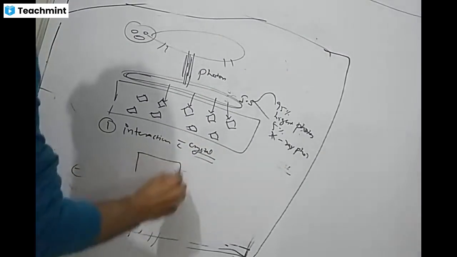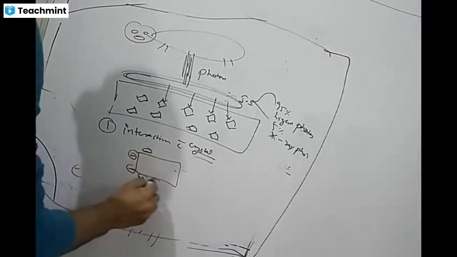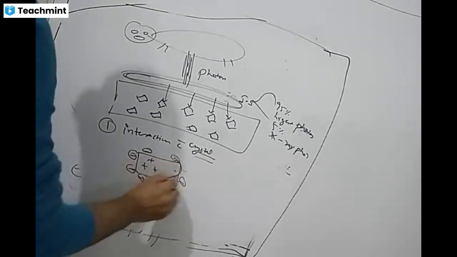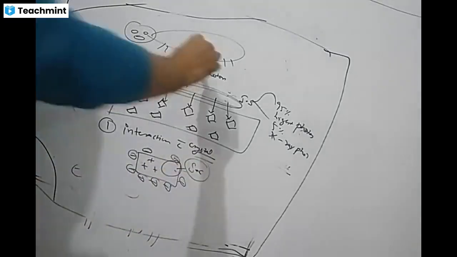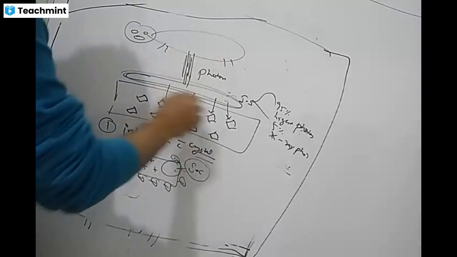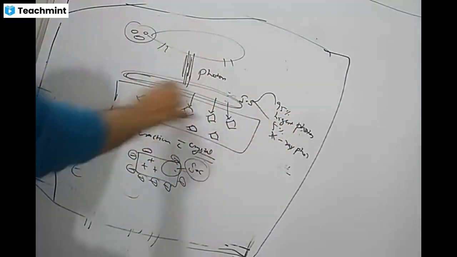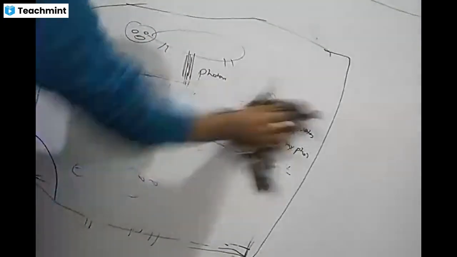As we know, the crystal is negative on the surface and positive inside, and there is one sensitivity center. What happens when this light photon or this 5% X-ray photon falls on the crystal? We'll see the interaction of the photon with the crystal.